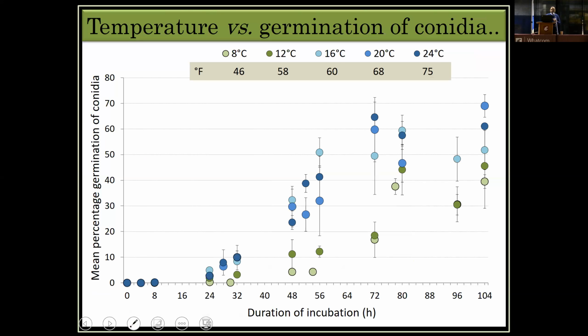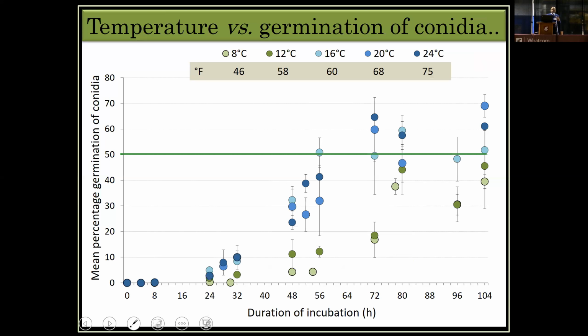This is the incubation time on the x-axis, from 0 hours to almost 104 hours duration. So the maximum, we thought that about 50% germination would give a good indication of how long the spores take to germinate and infect the plant.